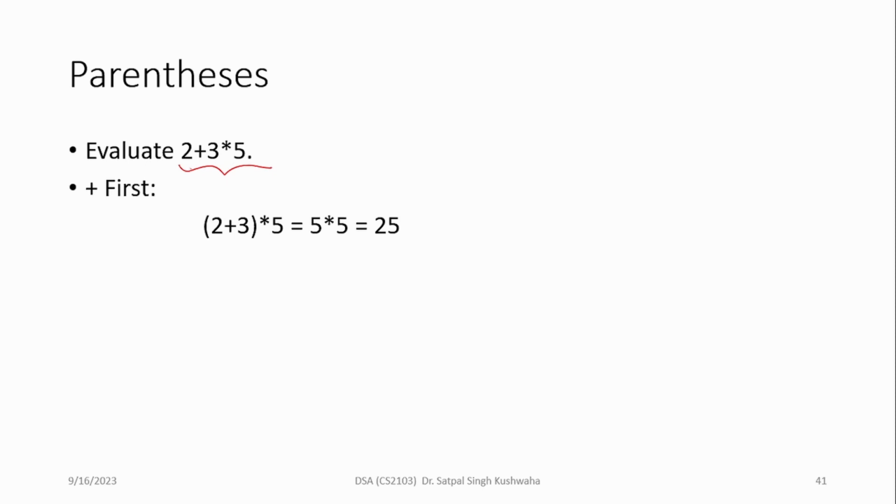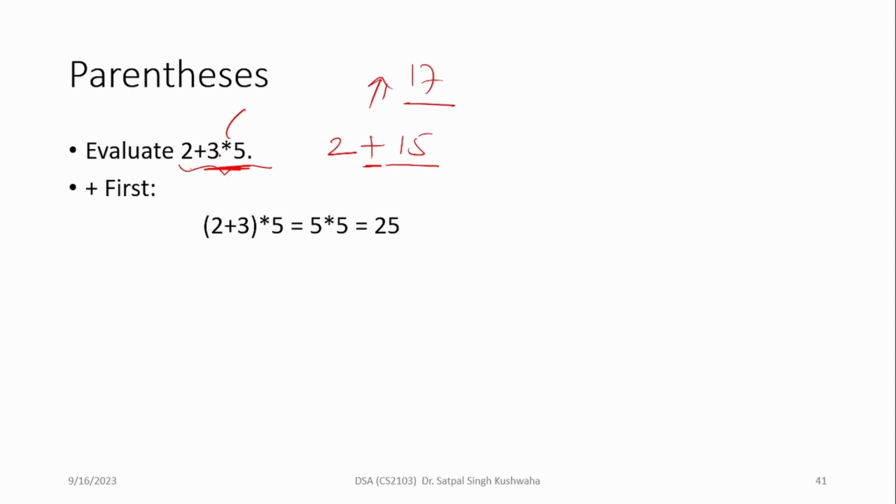As I have two operators, I need to check the precedence, that is, which operation should be performed first. Multiplication has precedence over addition, so first the multiplication is performed. So it is 2 plus 3 into 5, that is 15. Now we have only one operation left, and we get 17.